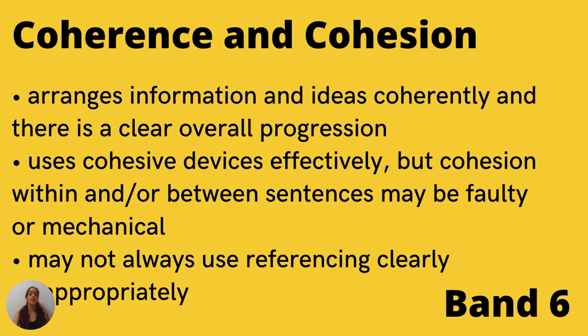Okay, instead of having it repeated, try to go for referencing, using something like this, using something like it, because referencing is one of the most important elements that will help you get a band 7. But if you fail to do so, your score will be at band 6.